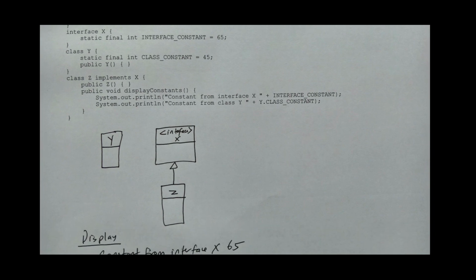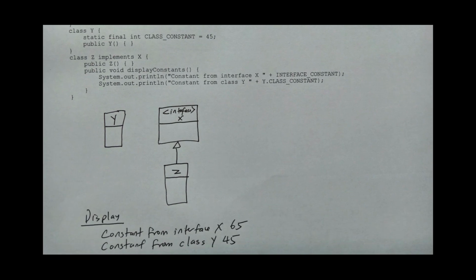So we can see from here there is one class Y, and in the UML diagram you will see one separate class Y, and there is another class Z which implements interface X. And how do we know that a class is an interface in UML? There will be a notation interface on top of the class. Remember, with an abstract class just now, the name of the class will be italicized.